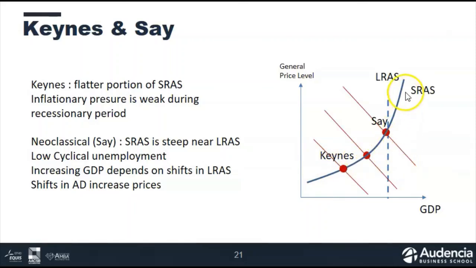And the long-run aggregate supply, which is here, is approximated by this vertical part of the short-run aggregate supply. This is the neoclassical or supply side, which is saying that if we push demand up, we'll just push inflation up. We've hit our limit. We can't go beyond. Supply is controlling.